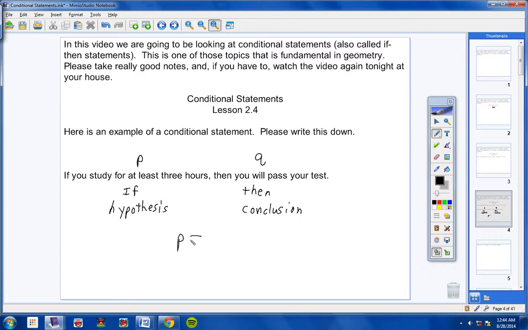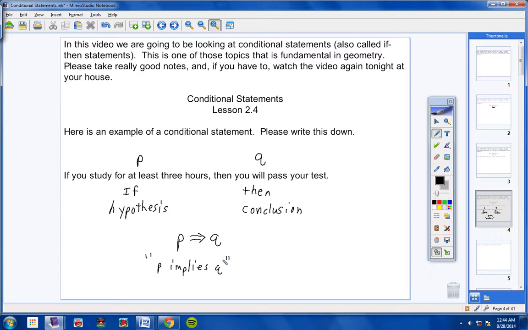The letter P, write this down please, then an arrow, and then the letter Q. And this means, please write this down, P implies Q. If P, then Q. Okay, so write all that down.